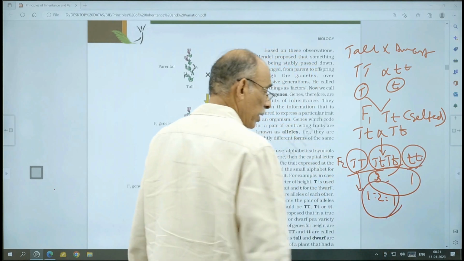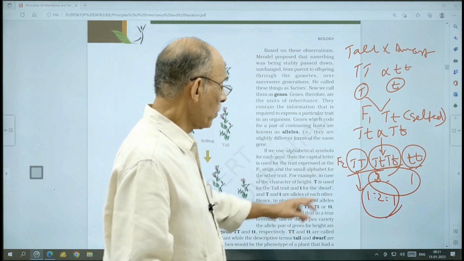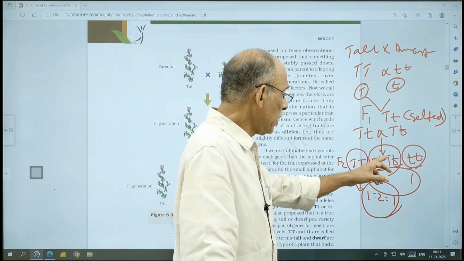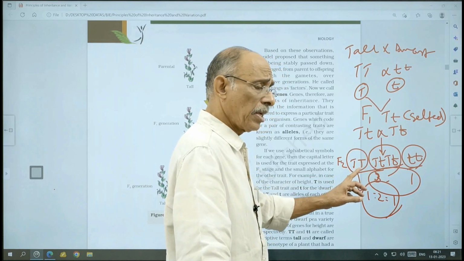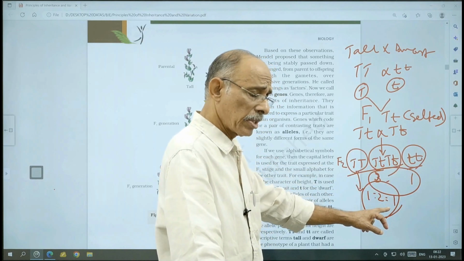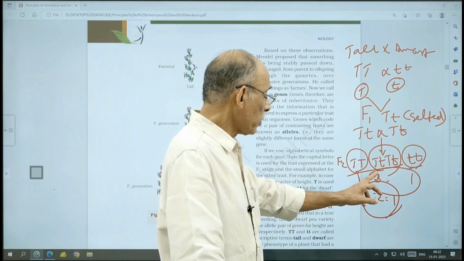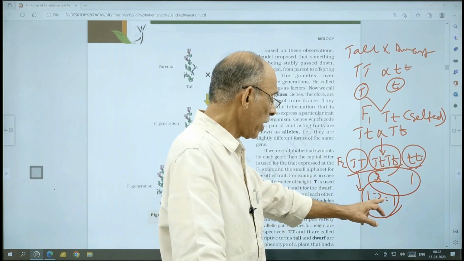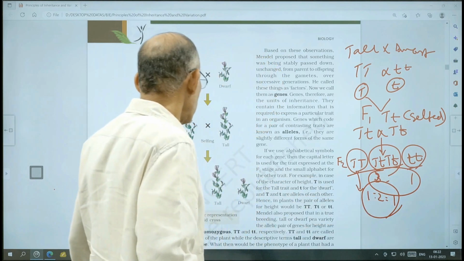The ratio 1:2:1 is known as the genotypic ratio, showing how the factors are combined: one homozygous tall, two heterozygous tall, and one homozygous recessive. So 3:1 is the phenotypic ratio, and 1:2:1 is the genotypic ratio.